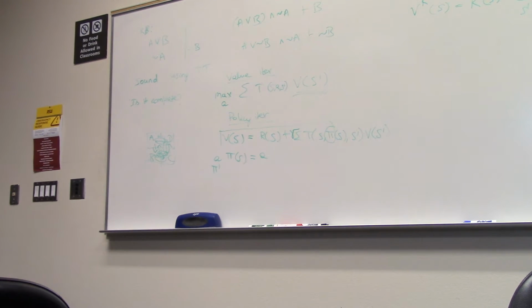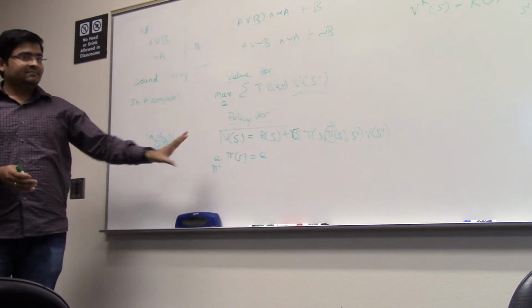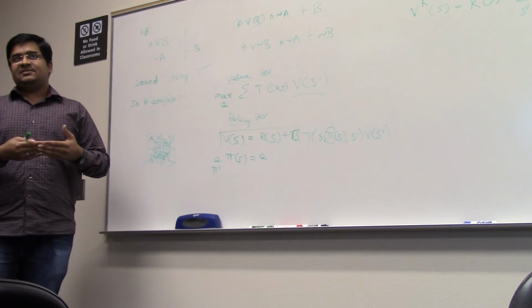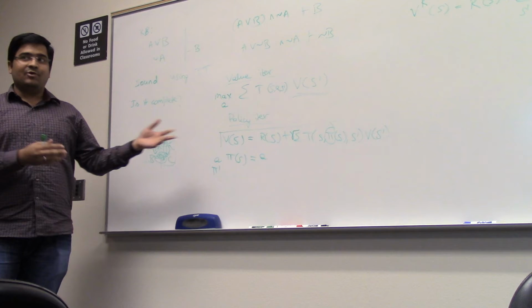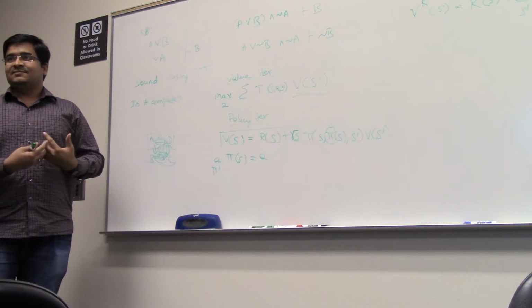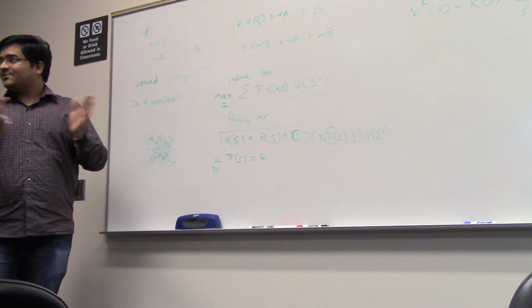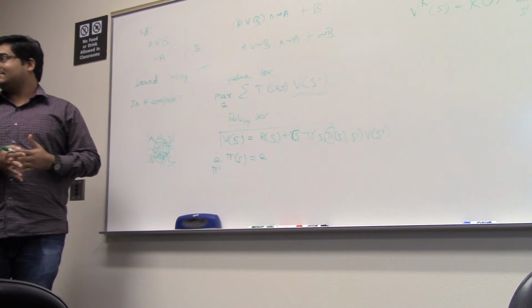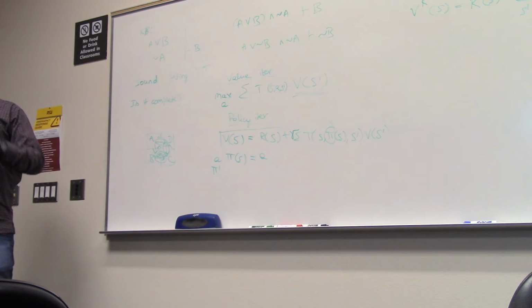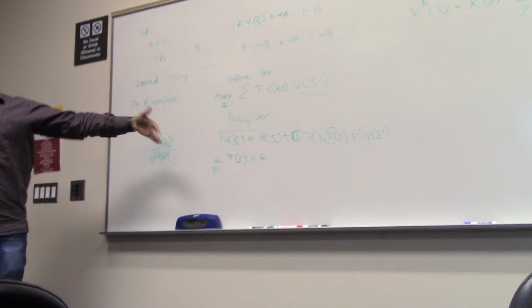Yeah, I mean, so the advantage here is that whether it converges faster or not depends on how good your initial guess is. So if your initial guess seems to be very close to the solution, then it will really converge very fast. If it's extremely bad, then both will become equivalent.